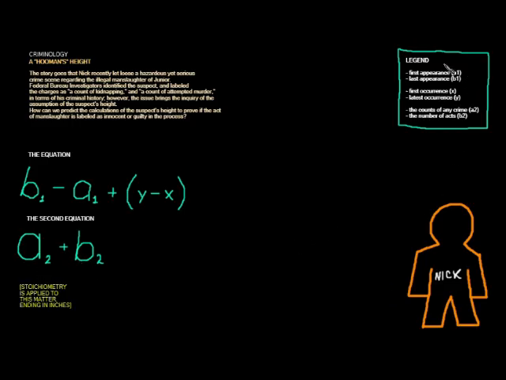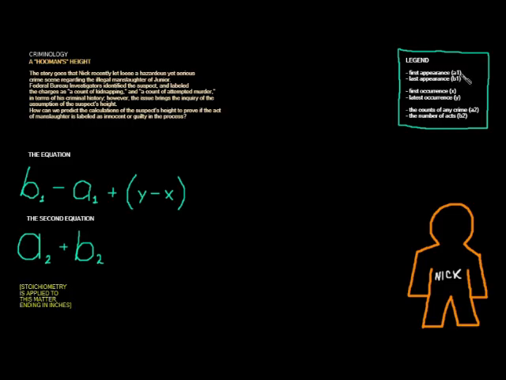Now, looking at the legend here, this legend actually corresponds with all of these variables. These four actually correspond with the first equation. The contextual label for A1 is the first appearance.